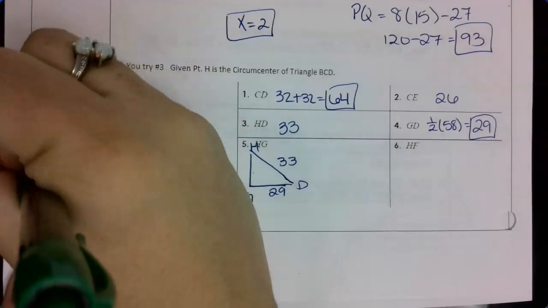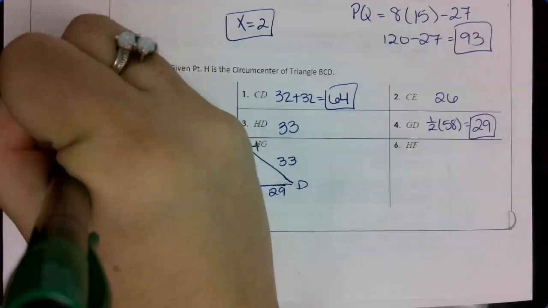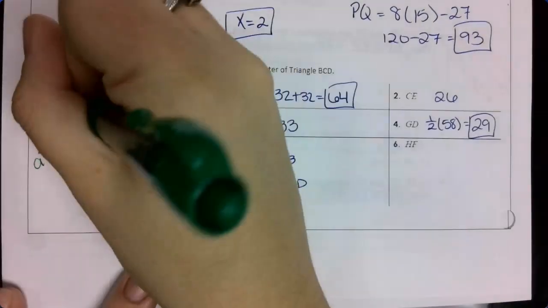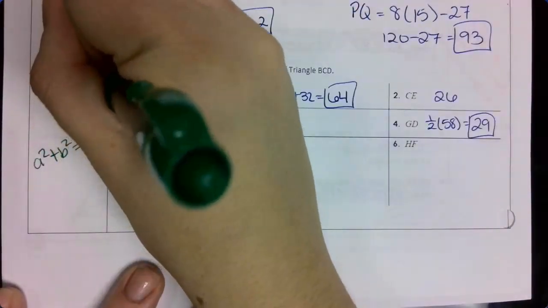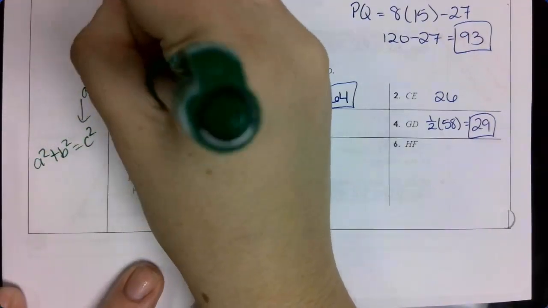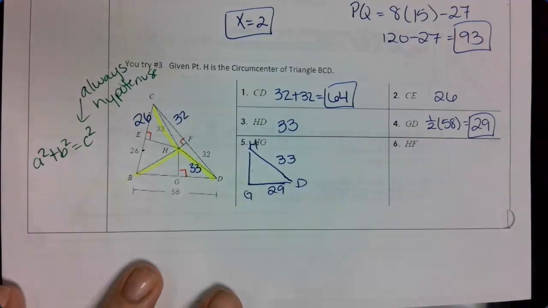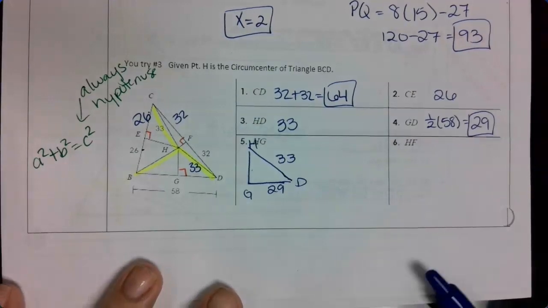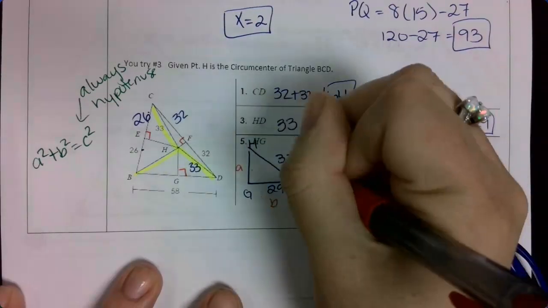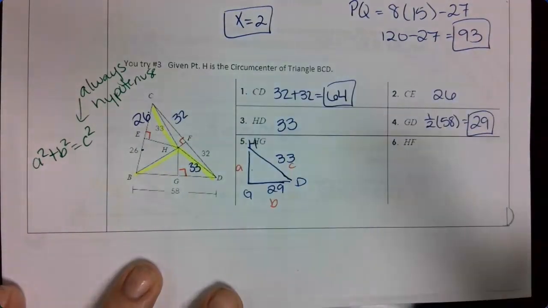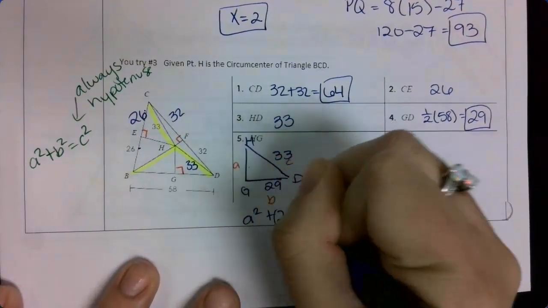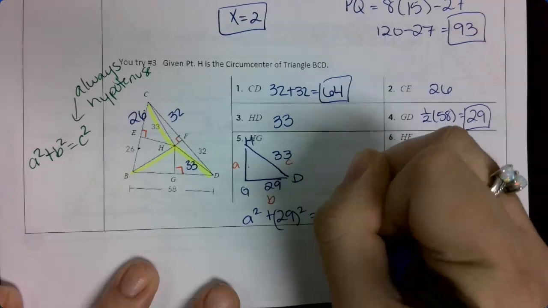Remember, I can use the Pythagorean theorem, which is a squared plus b squared equals c squared. C is always my hypotenuse. So plugging in, I'm going to make the missing side A, this side B, and the hypotenuse C. So I have a squared plus 29 squared equals 33 squared.